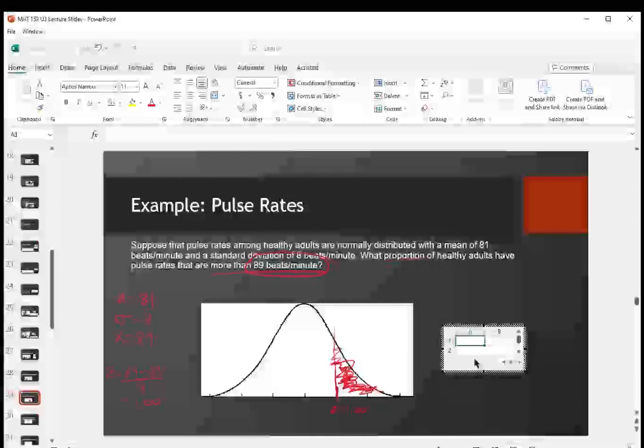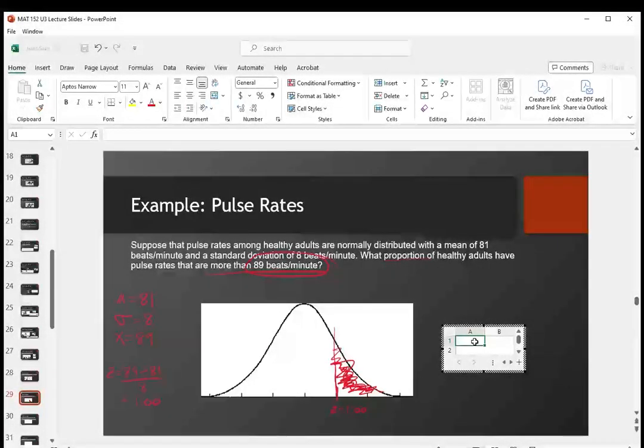We want the area that is above z equals 1. And so we should be able to do that by finding 1 minus the area below z equals 1.